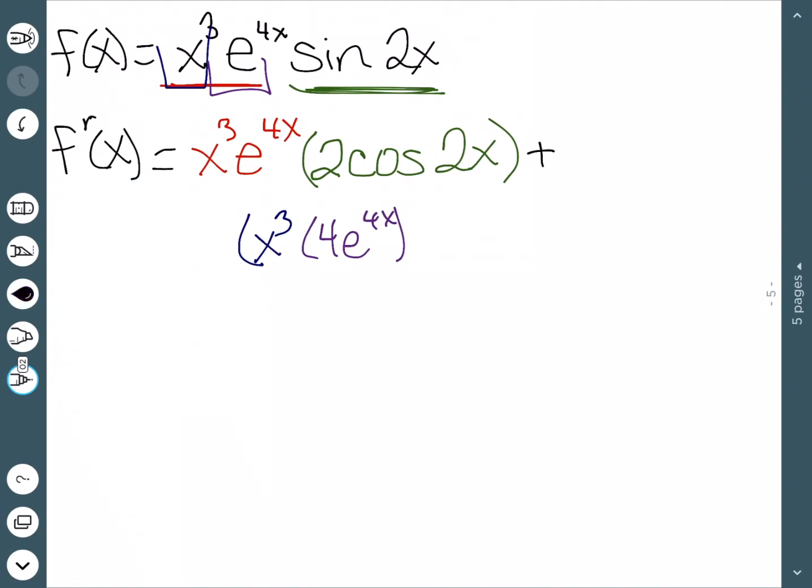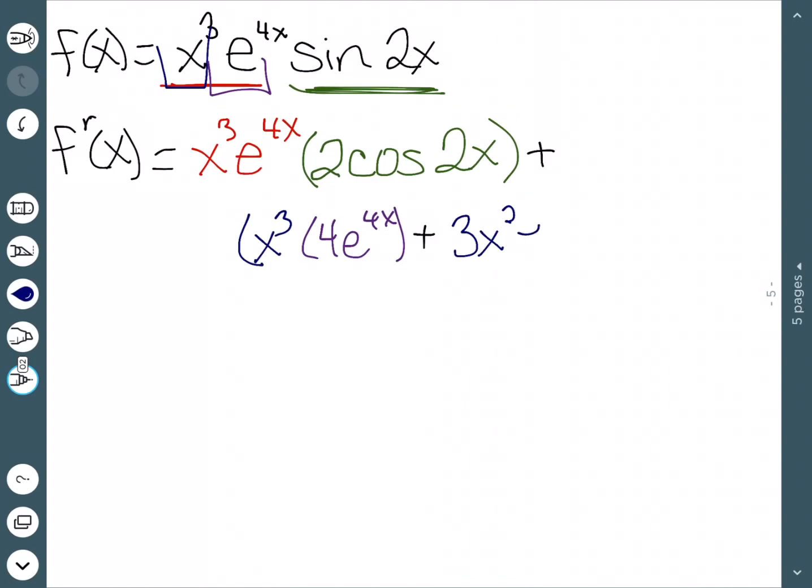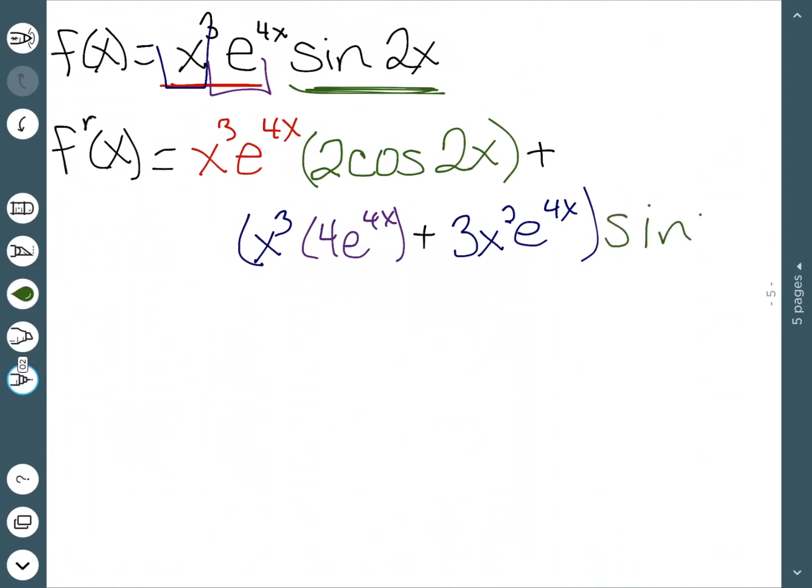We would then need to add the derivative of the first, which would be 3x squared, times the second function, e to the 4x. And then that's now our derivative times our second function, sine of 2x.